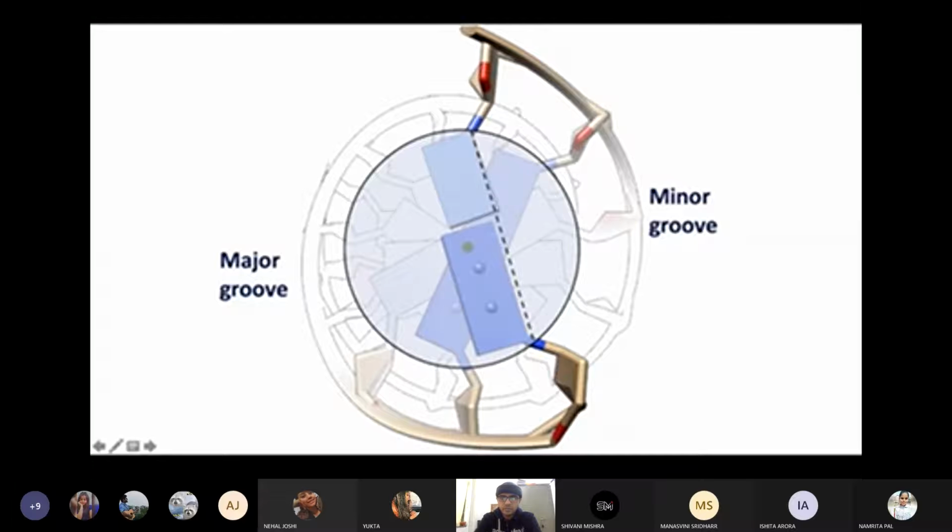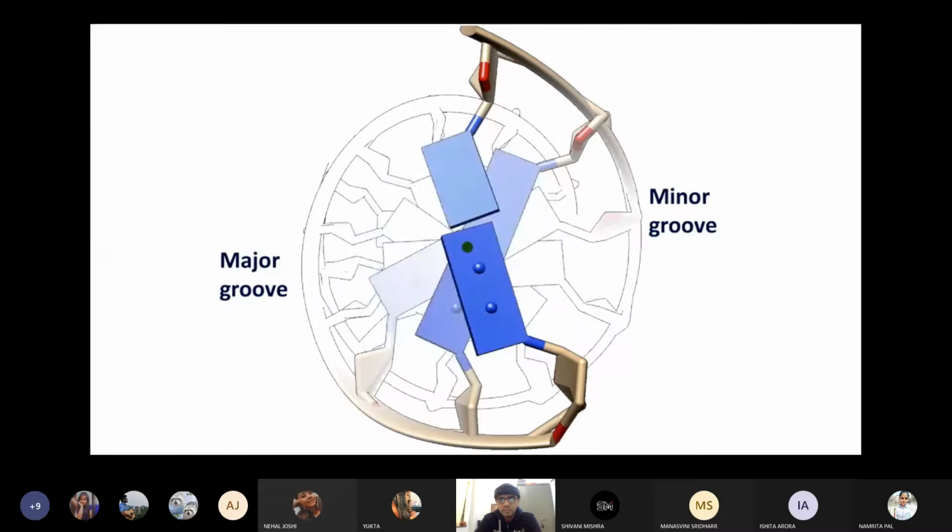Now what I want to do next is to talk more about the characteristics of these two grooves that are important for the recognition by enzymes or transcription factors that recognize DNA. Now imagine that you are an enzyme that can recognize a specific sequence of DNA.